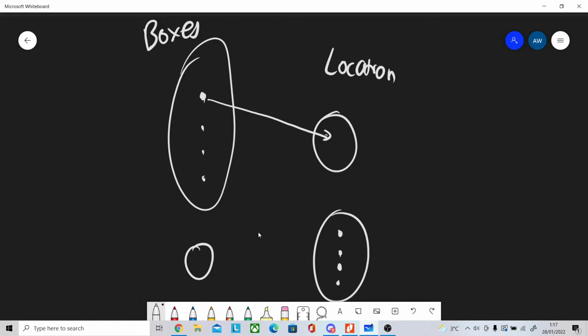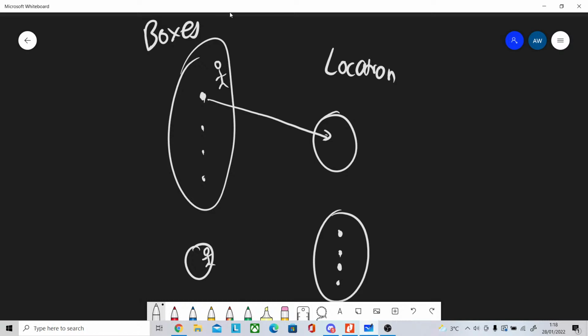So you go into the room, there are 4 boxes, and you can't really do anything, because you pick the boxes up, and where do you move them to? The set of locations is empty, right? There are just no options for where to move the box to. Whereas over here, you go into the room, there are no boxes, so you don't have a job to do.